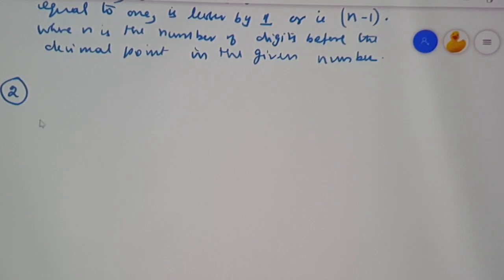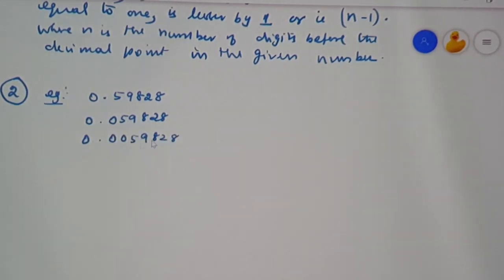So I am writing this number as, for example, 0.59828 or 0.059828 or 0.0059828 or 0.00059828. In this case, how can you write the characteristic part?